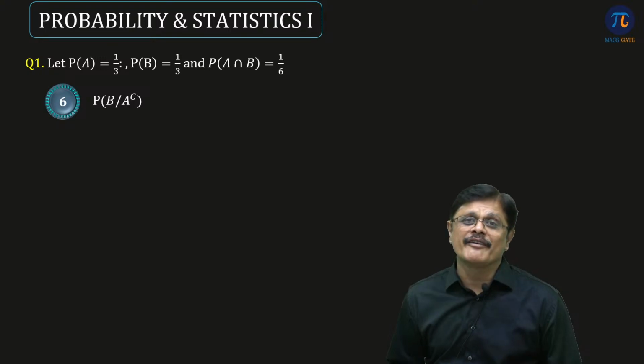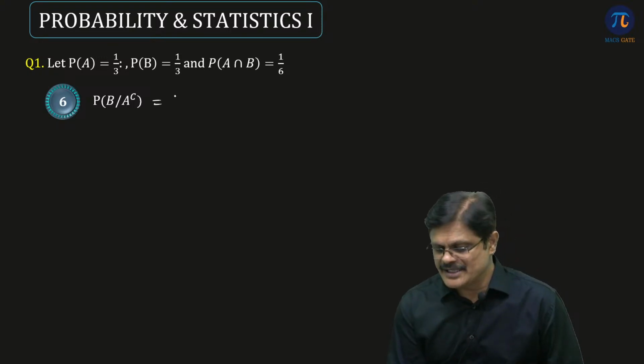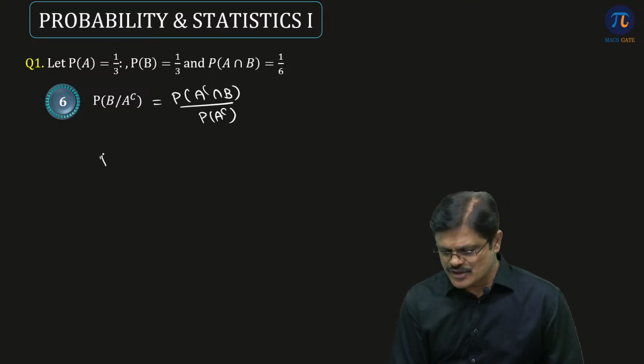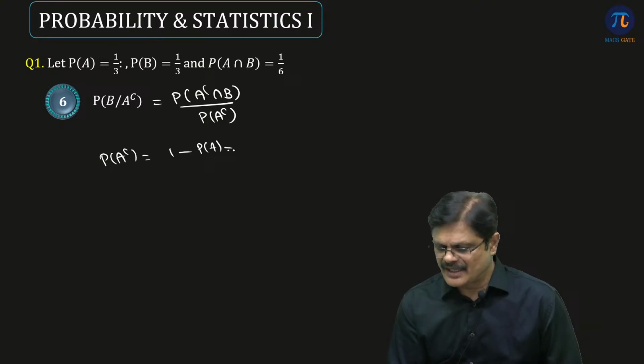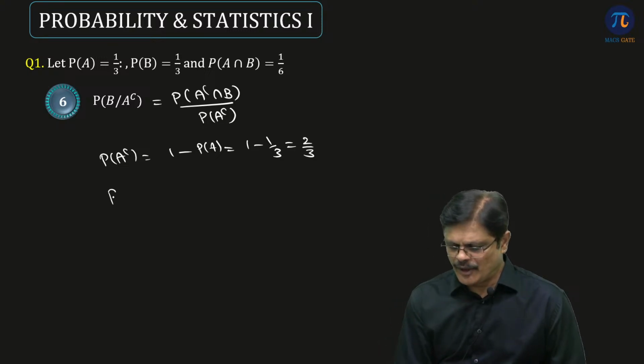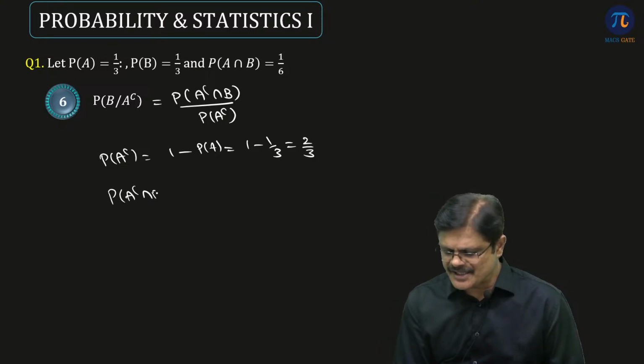What about probability of B given A complement, which is probability of A complement intersection B divided by probability of A complement? So what is probability of A complement, Babu? 1 minus probability of A. It is 1 minus 1 by 3, that is 2 by 3. And what about probability of A complement intersection B?